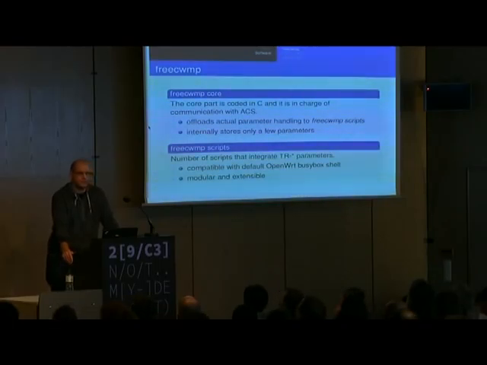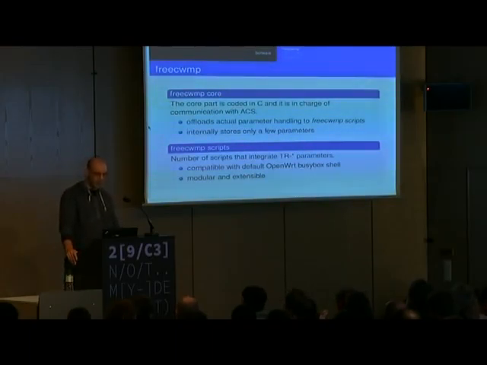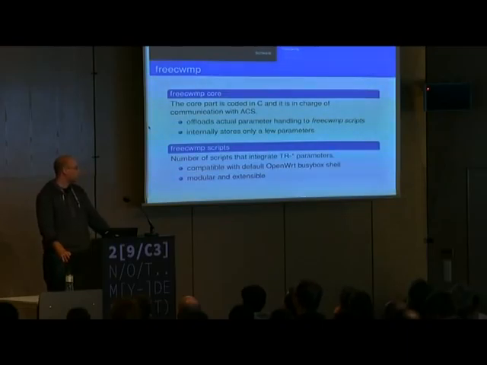If you have some other, let's say, SIP client, you just write a simple script that will handle the SIP username and SIP password and set it correctly into a file, and if you need, you can reboot your client. Freecwmp core uses only a few parameters.